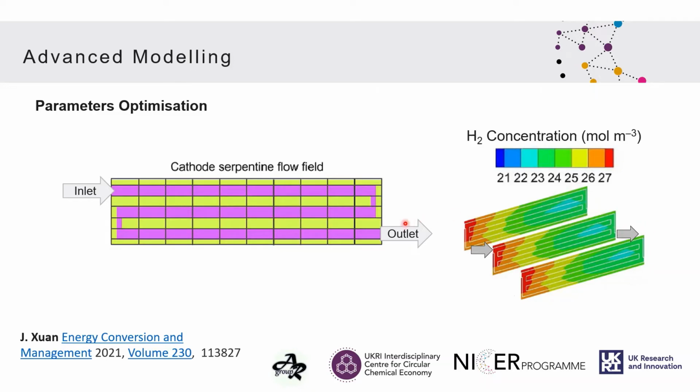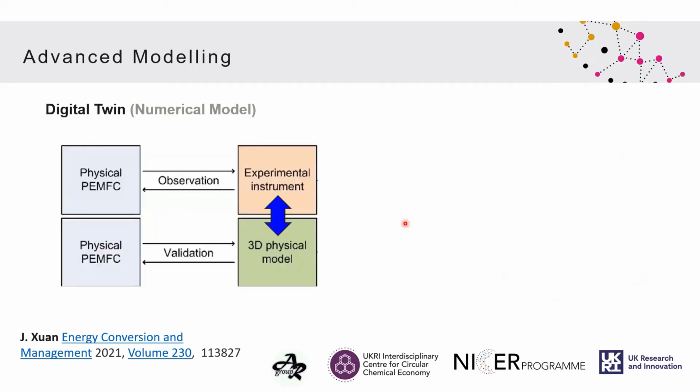But that means if we want to optimize these parameters, we need to do different experiments, changing a parameter every time, and look at the results. However, sometimes the parameters are interlinked, so one depends on the other.